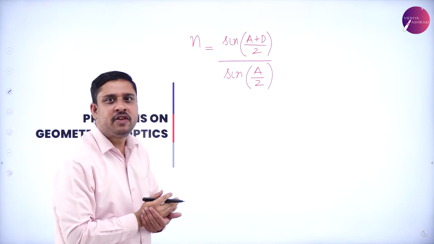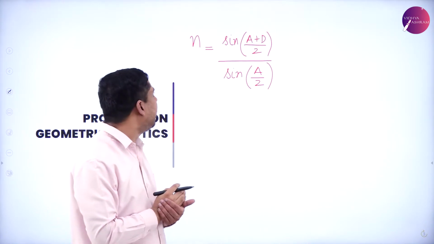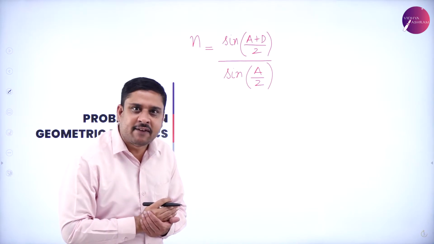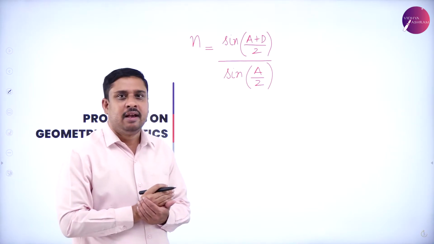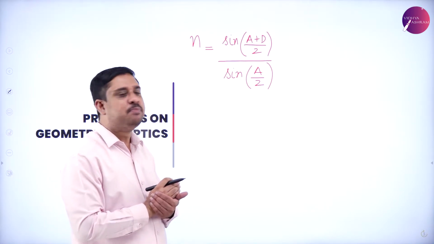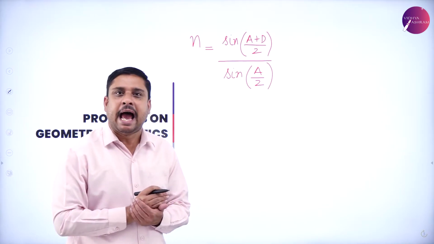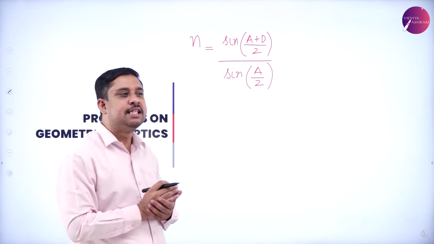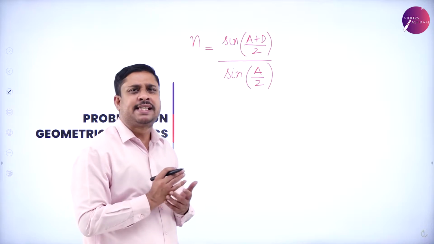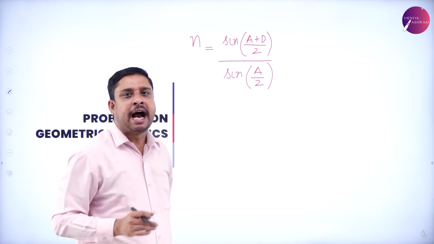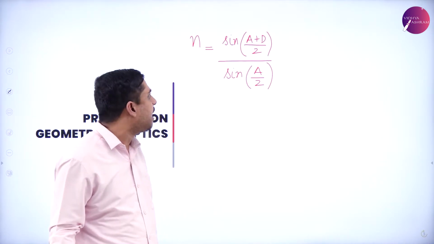So if you observe the expression clearly, refractive index is there, angle of the prism is there, angle of deviation is there. So simply if I substitute, I will arrive at the answer.